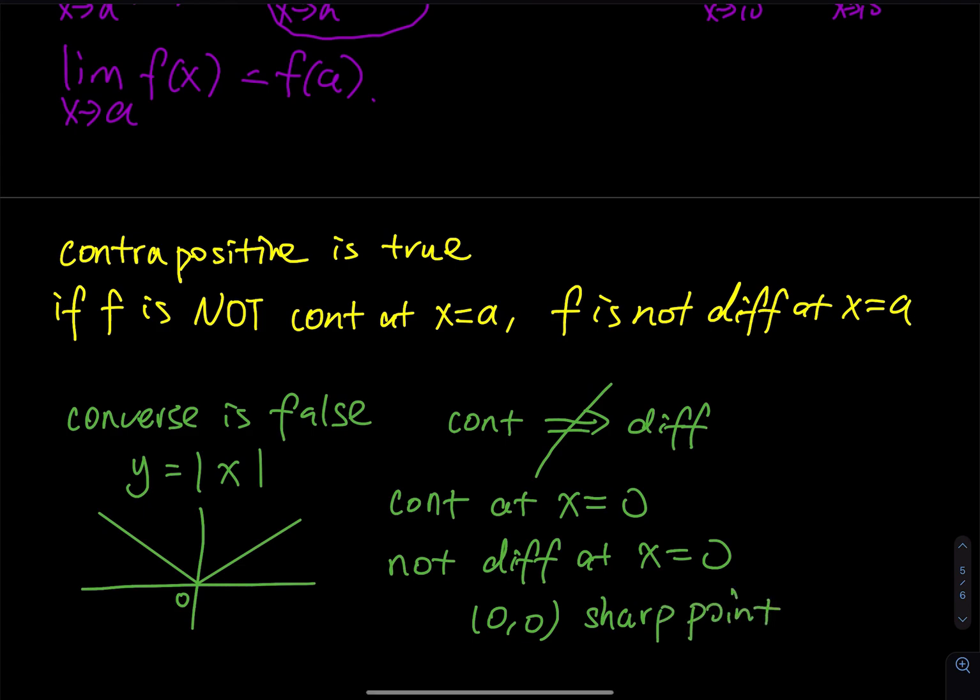So that's why I said continuity does not guarantee differentiability, but the theorem says differentiability implies continuity. The other way is not true, which is continuity doesn't imply differentiability.